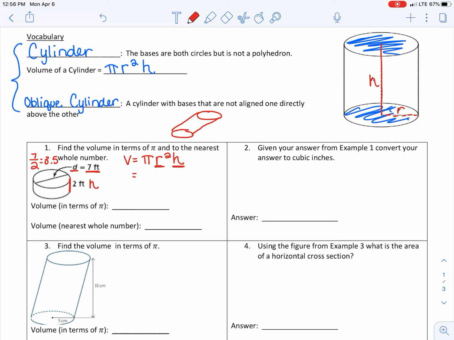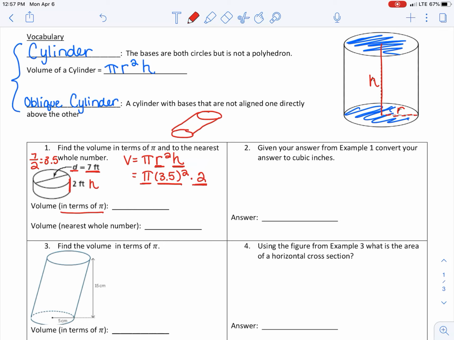So we're going to say pi times your 3.5 for your radius squared, and then we're going to multiply that by the height, which we know is 2. Now, the first part here says it wants it in terms of pi. So basically, you're not doing anything with this pi. All you're doing is taking the 3.5 squared and multiplying that by 2.